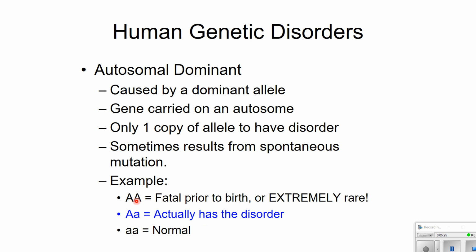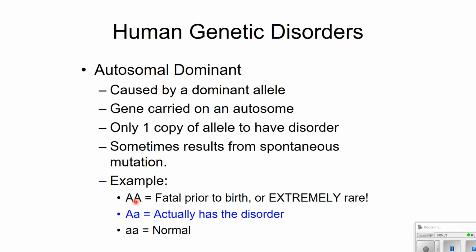And then homozygous dominant for these kinds of disorders is extremely rare, for obvious reasons, because the only way you could be homozygous dominant would be if both your mother and your father, who presumably are not related to each other, both happen to have this enormously rare allele. That would be the only way you could get two copies.